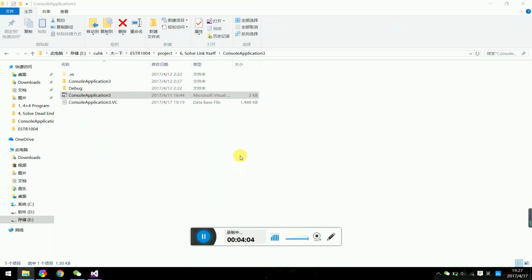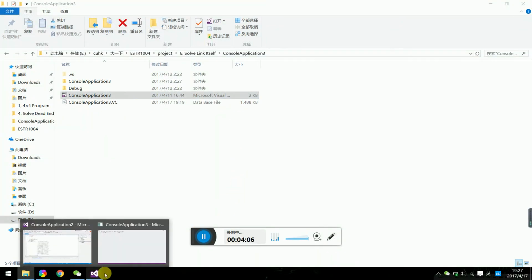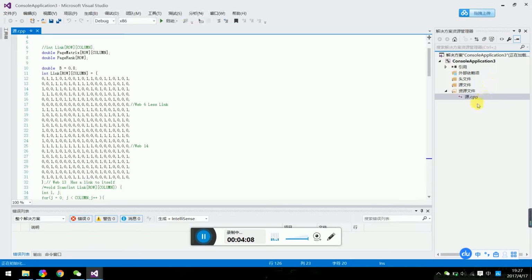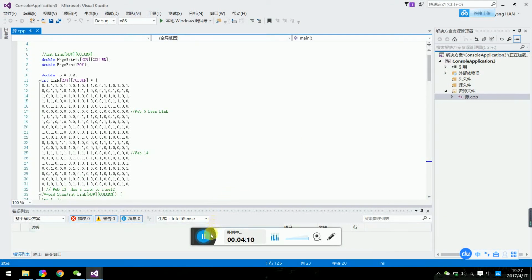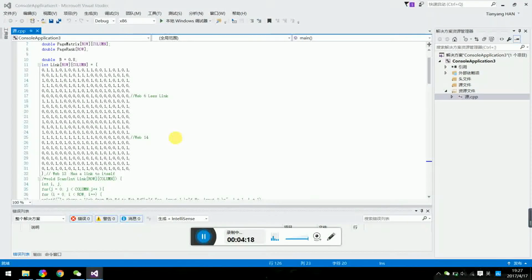The solution is using the method of a smoothing vector. We just decrease the proportion of the main matrix and input another smoothing vector, which will become a part of the PageRank of the webs.